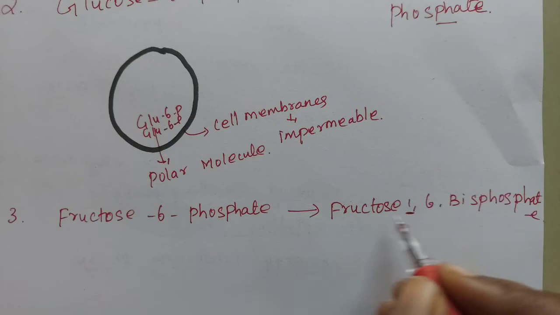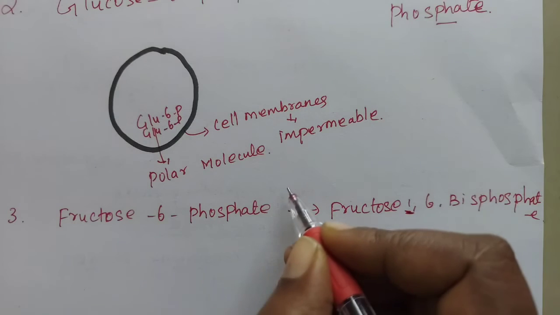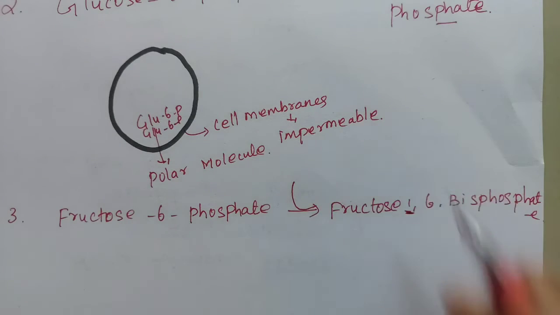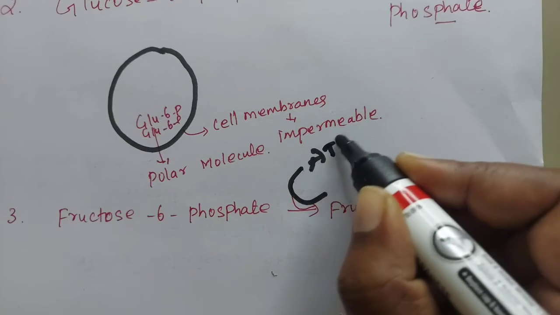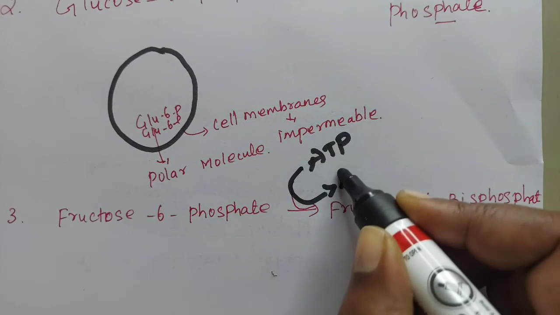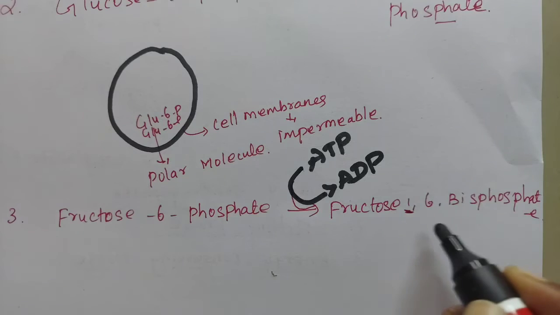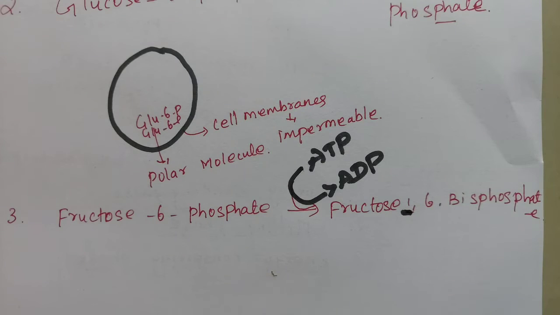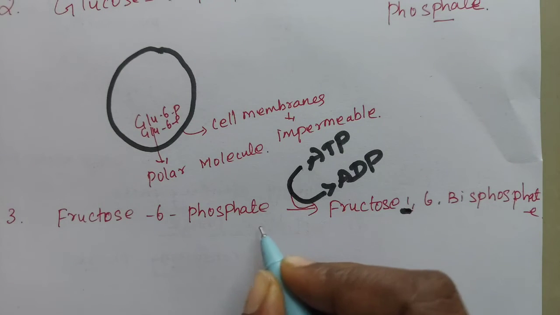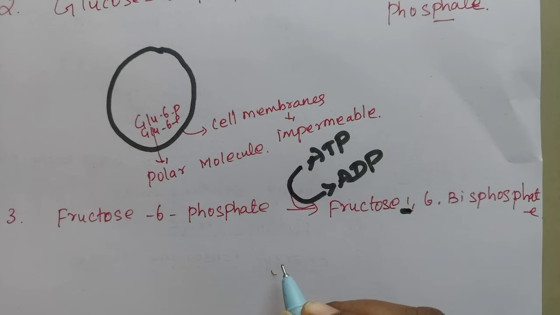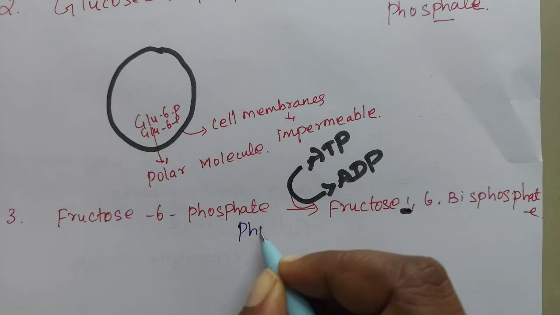Remember, there is an addition of one phosphate group. So, again, one molecule of ATP is consumed to produce ADP for the addition of one phosphate group to the fructose component. And here the reaction is catalyzed by the enzyme known as phosphofructokinase.